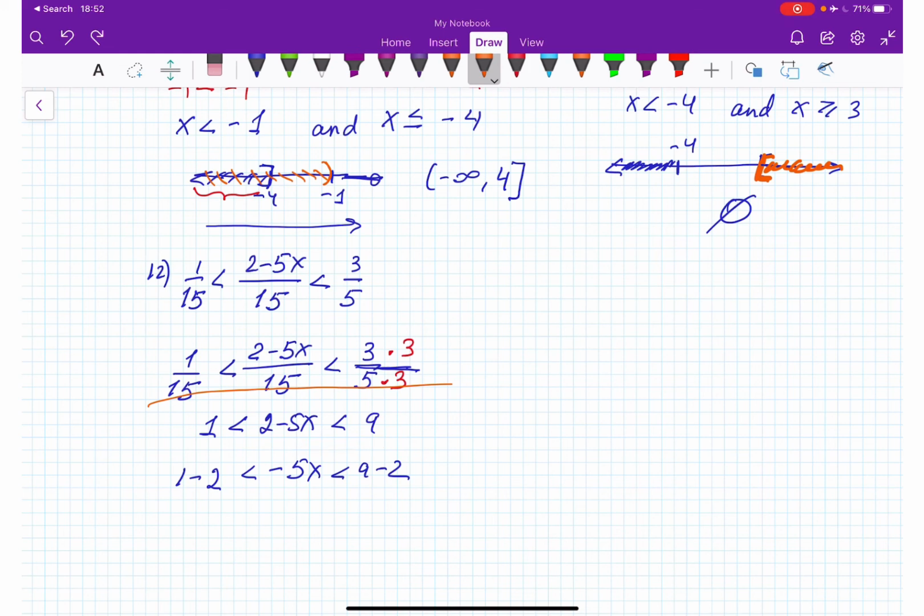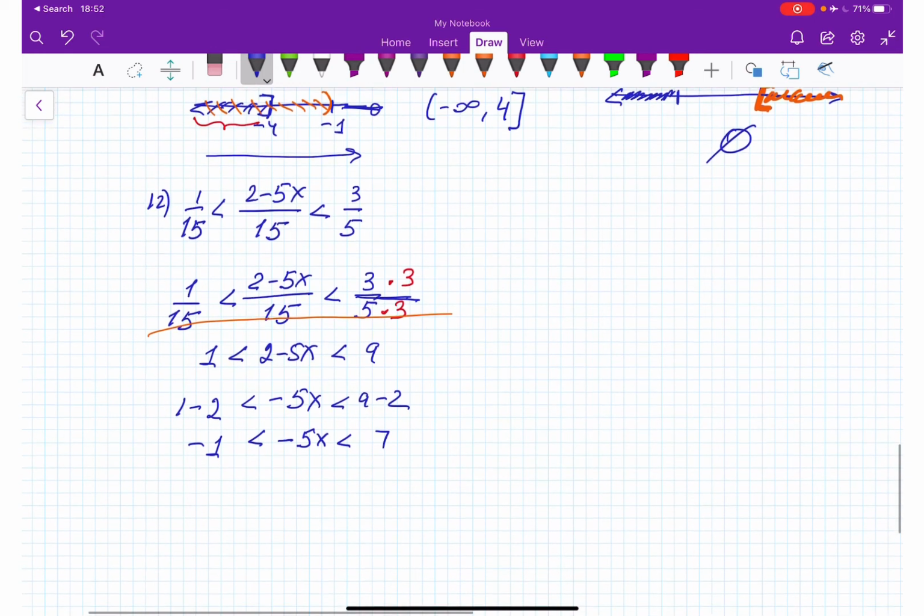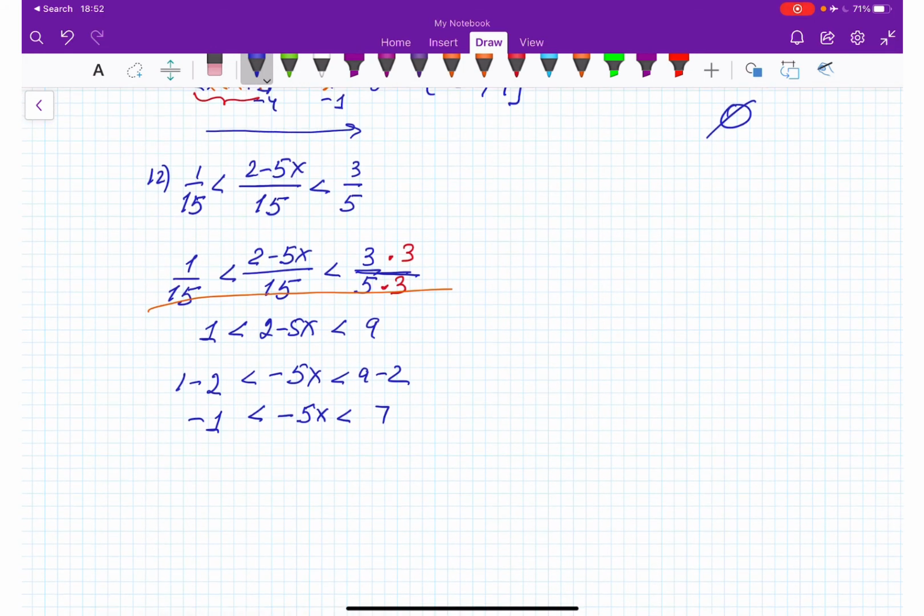So negative 5x greater than negative 1, less than 7. Okay, what is interesting? We are dividing by negative 5, which means, since we divide by a negative number, I'm going to flip here, I'm going to flip here. Okay?